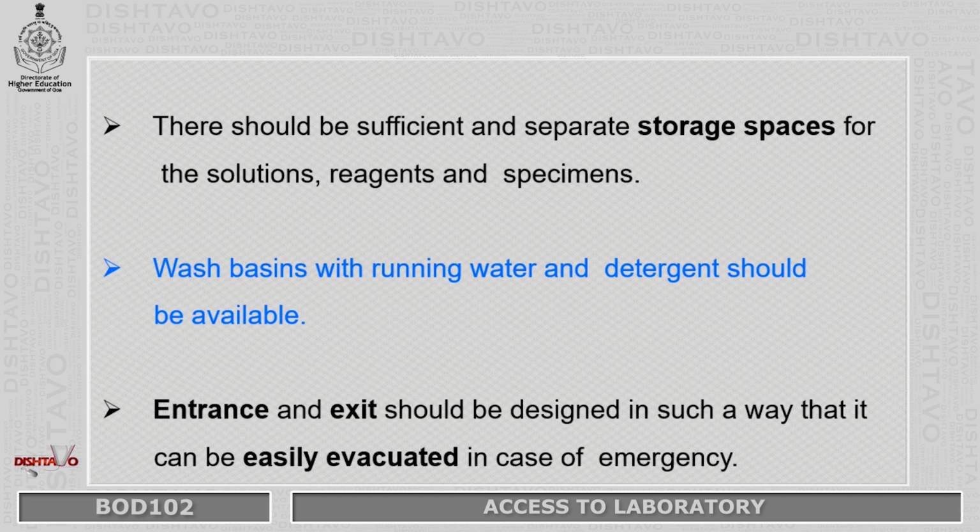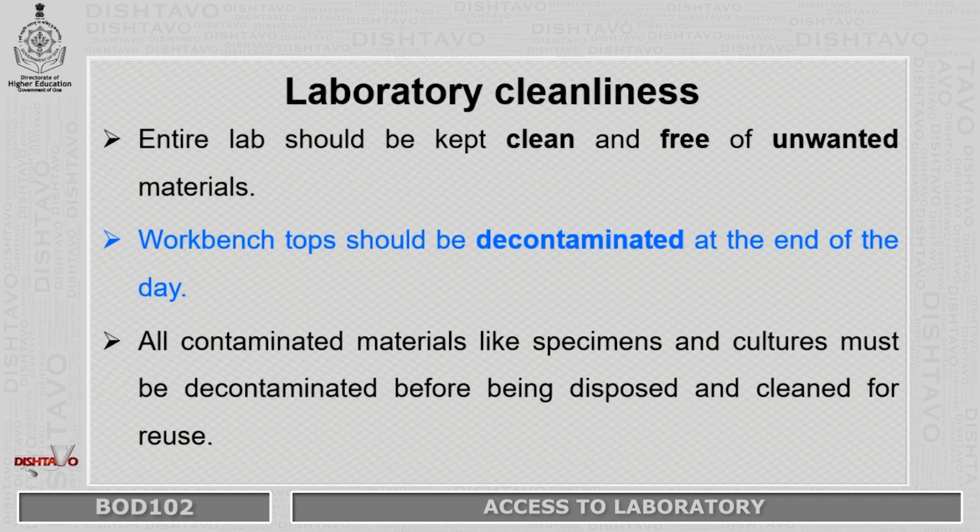There should be sufficient and separate storage spaces for the solutions, reagents, and specimens. Wash basins with running water and detergent should be available. The entrance and the exit of the laboratory should be designed in such a way that it can be easily evacuated in case of emergency.